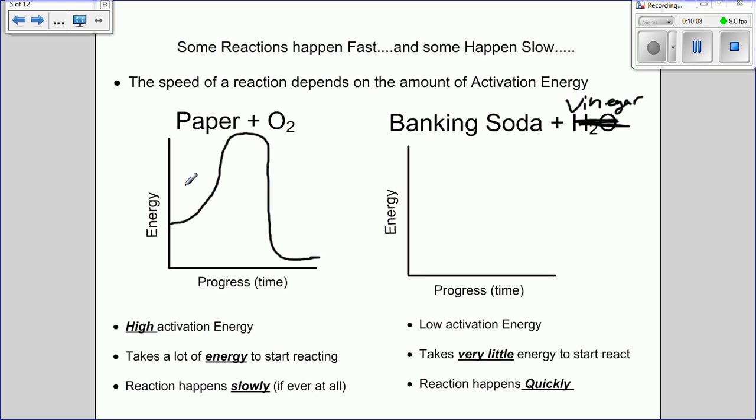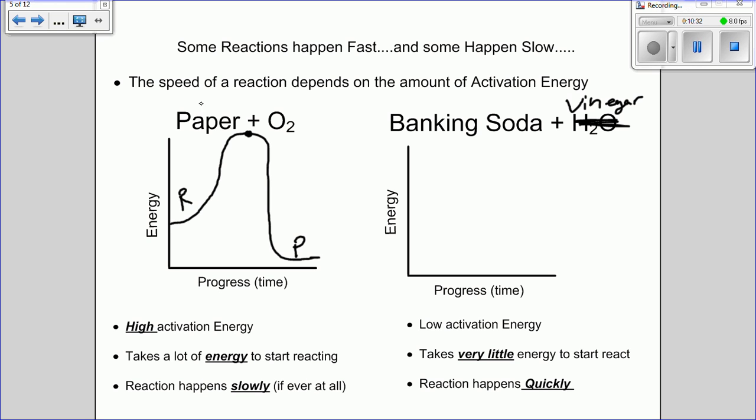So your paper and oxygen, your reactants, need to have a lot of energy put into them to reach their activation energy point here. Only then can they react and form your products, which include water, carbon dioxide, and your energy release, which is typically associated with fire or flame.